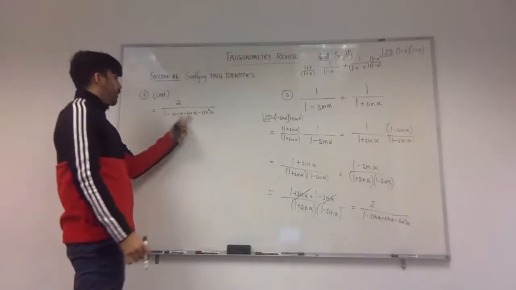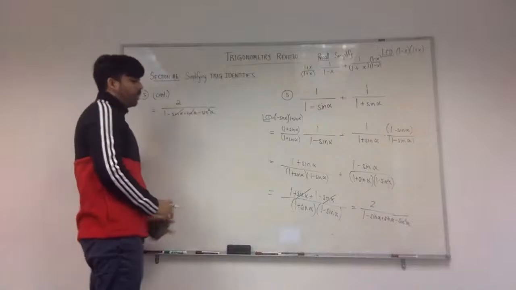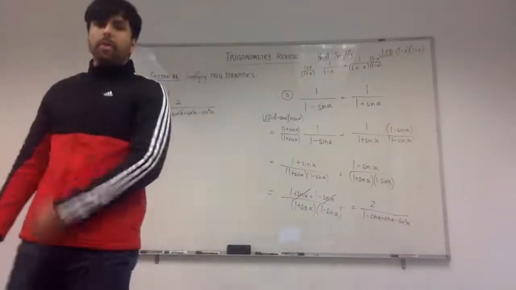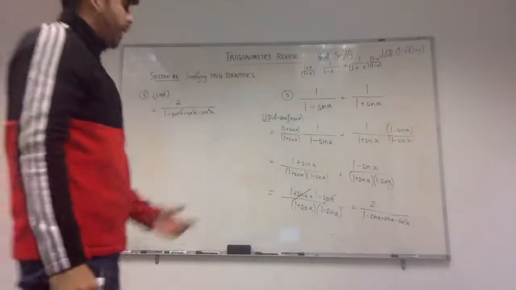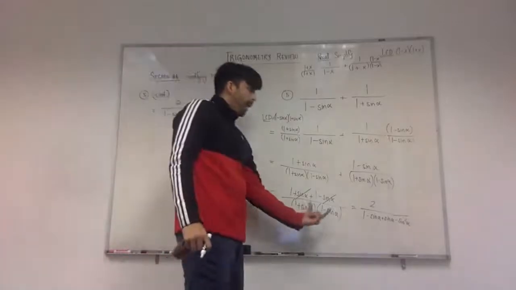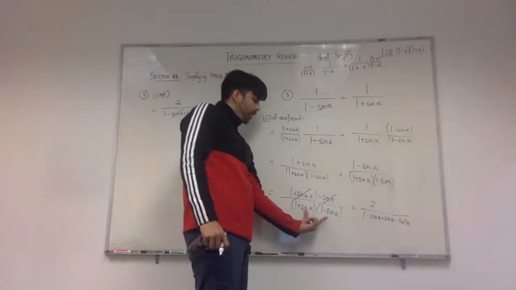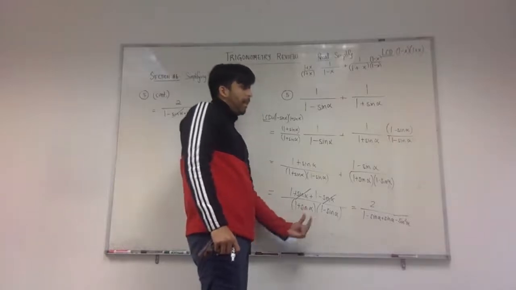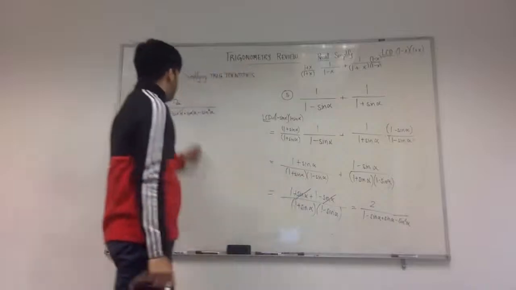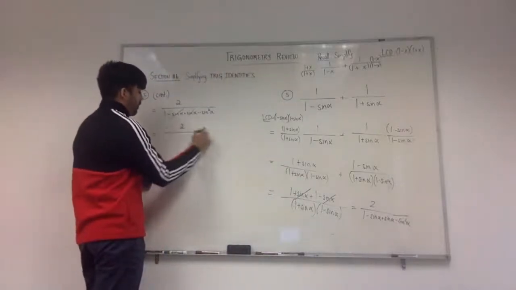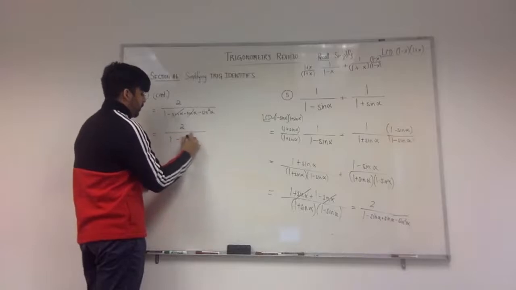What cancels out here? It's the middle terms that cancel out, and we should have noticed that already because this looks like a factorization of a difference of perfect squares. So if I factor this difference of perfect squares into these two binomials, right? These two expressions with two terms, and I were to expand everything out, these middle terms would cancel out, and I'm left with 2 over 1 minus sine squared alpha.